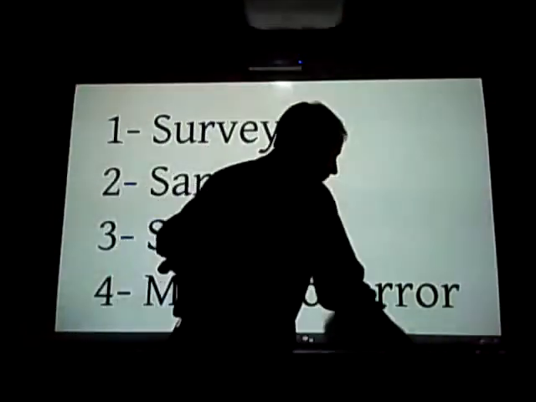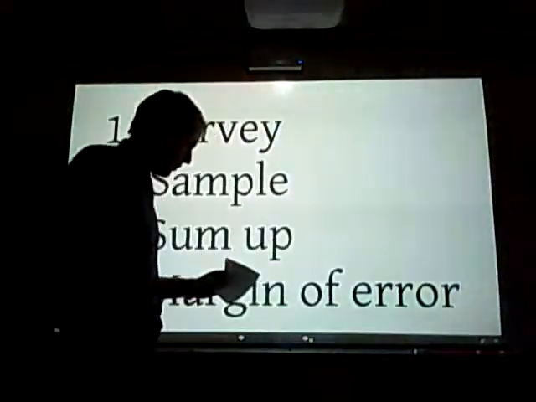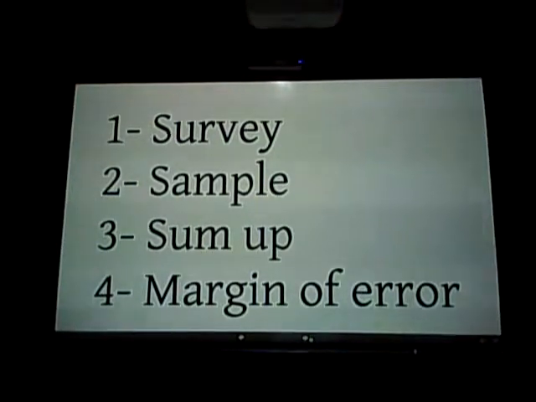And a margin of error is, simply put, a number that tells you how accurate the survey is. The smaller the number, the more accurate the survey.